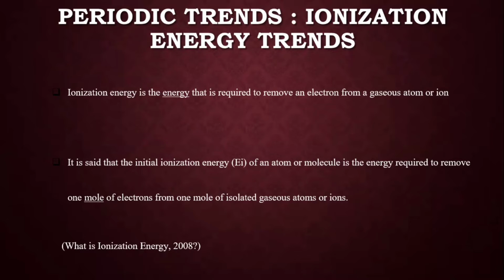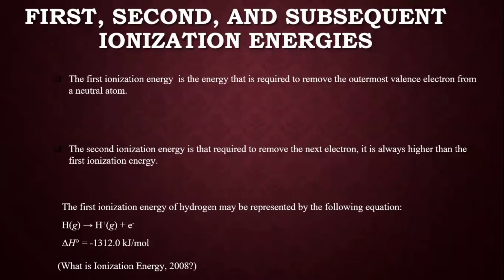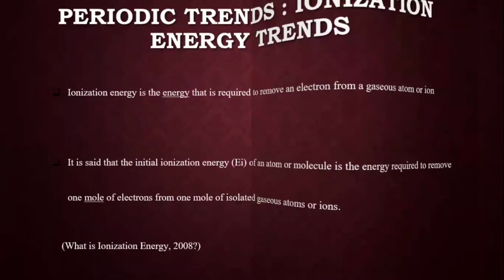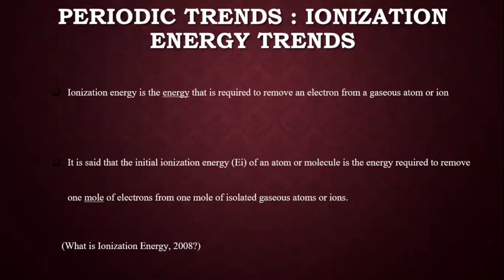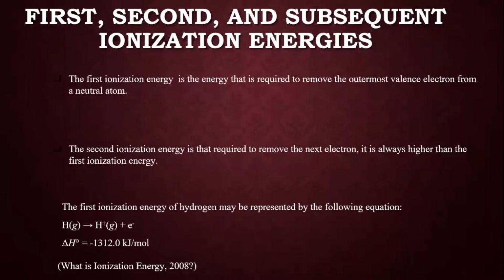Ionization energy is reported in units of kilojoule per mole, or electron volts. The first, second, and subsequent ionization energy.